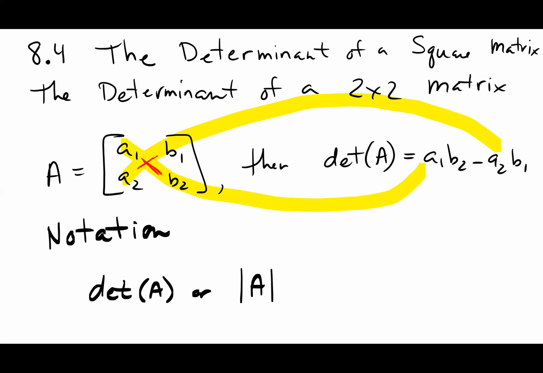It is not absolute value, even though it looks like absolute value. If there's a number inside those two bars, that means absolute value. If it's a matrix inside, it means determinant. Good there. All right, let's jam.